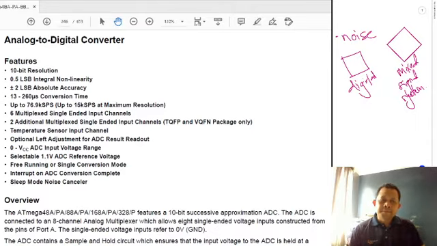But because any electronic device would have noise, we want to look at, for that device given by the manufacturer, how much noise is given off by that ADC, in our case.